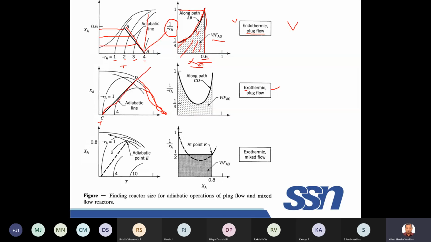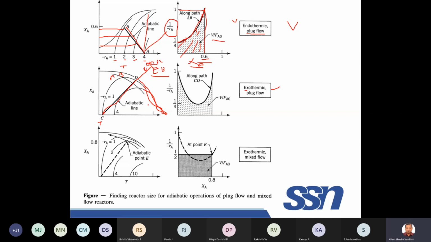This is a straight line cutting the different RAs, that is the material balance. This is my energy balance line, and this is my material balance line. Generally, this line is called the operating point or operating line. Operating line, right?